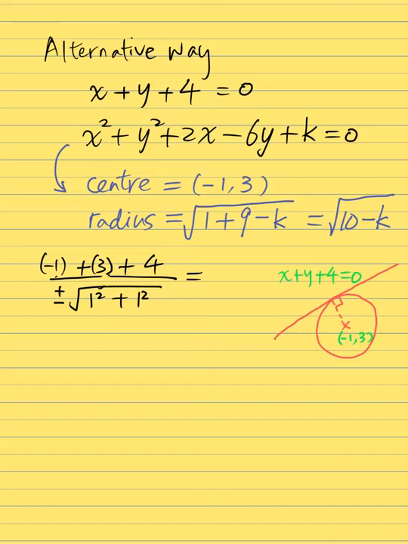And this equals the square root of 10 minus k, which is the radius.